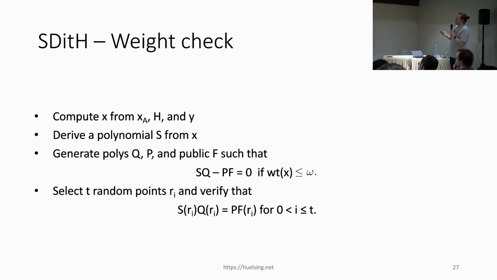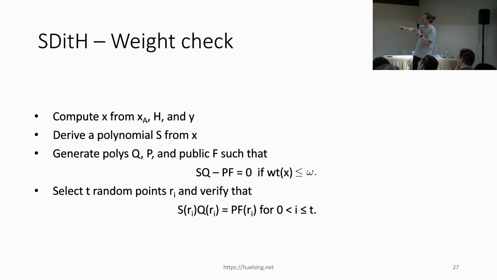Okay, so this leaves the weight check. How can I do this? I will not explain this in all detail because I'm still struggling a bit with the very precise details of how this works. But what you do is you build a polynomial s from x after you computed it from xa, h, and y. You do this by interpolation. This is something you can again do locally.